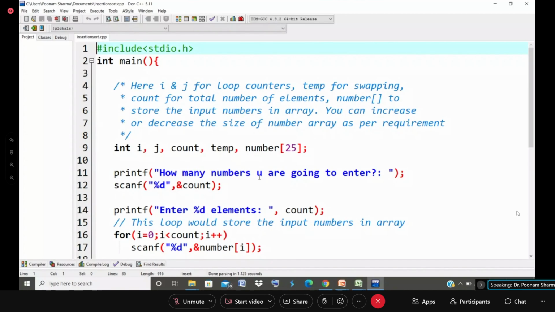So one module is identifying whether the value is less than the newcomer or not. Number one. Number two, the second module is identifying the place where it is to be inserted, right?